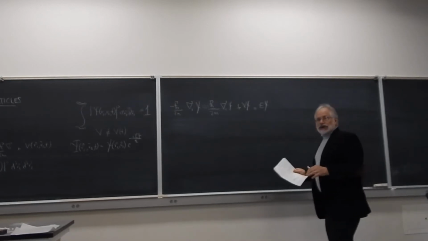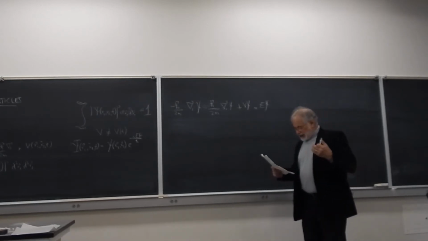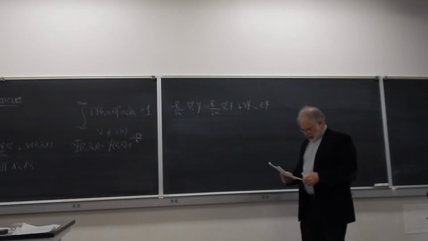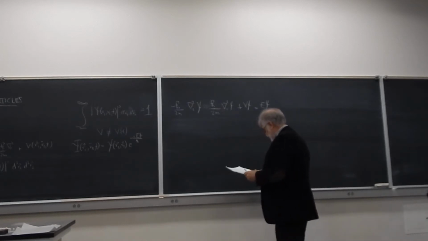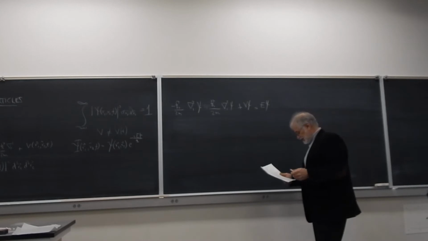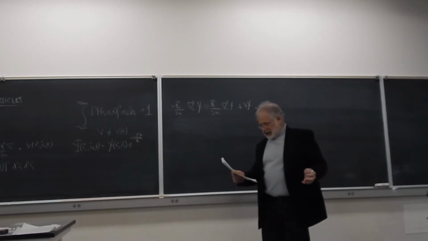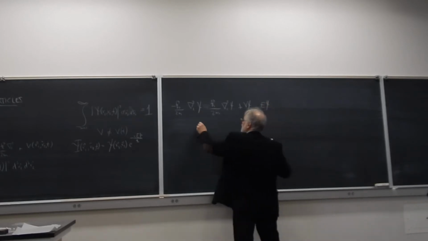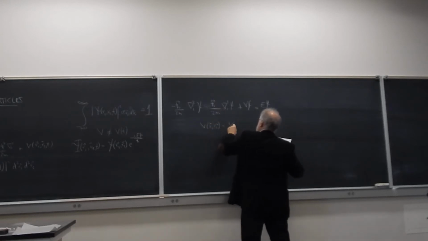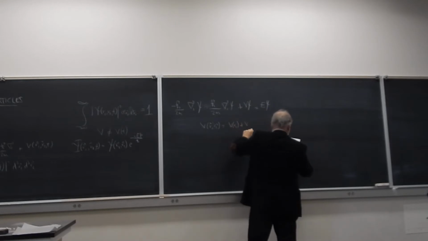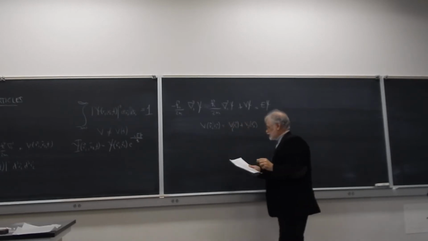So let's start with maybe the simplest case where we have two non-interacting particles. They don't interact with each other, but they're each subject to some external force, maybe they're attached to two different springs or something such as that. I can write the potential V of r1 and r2 as V1 of r1 plus V2 of r2.